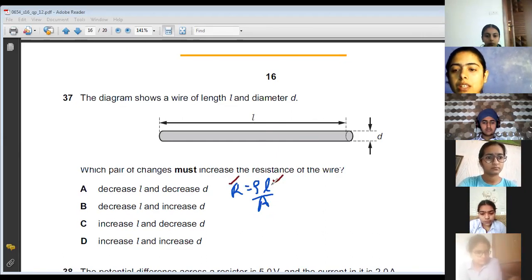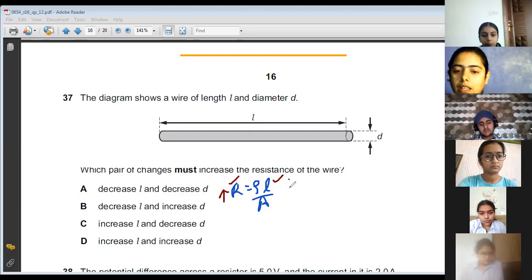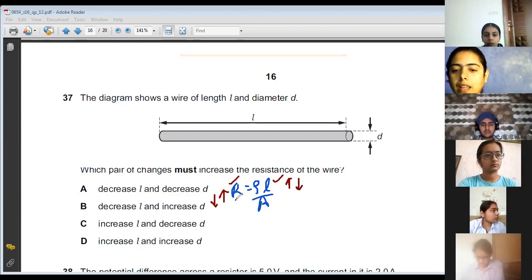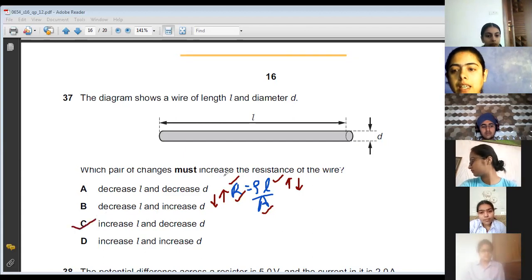So the more the length increases, the more the resistance increases. Resistance increases due to the increase in length, and decreases due to decrease in length. Whereas if we talk about area, resistance is in the numerator and area is in the denominator, so that will be opposite. The correct answer is C, that is increasing length and decreasing diameter.